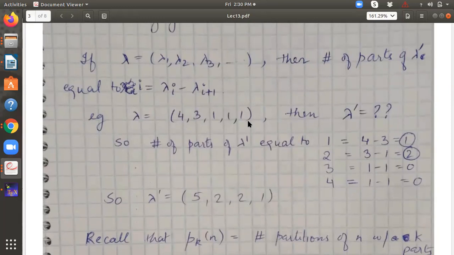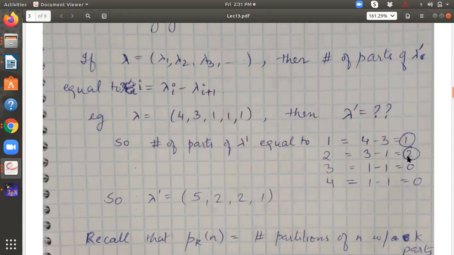So how many parts of lambda prime are equal to 2? There are two parts, which means 2 appears twice in the presentation of lambda prime. How many times would 1 appear? Once. So 2 appears twice, 1 appears once. Now what is really left has to appear just once.